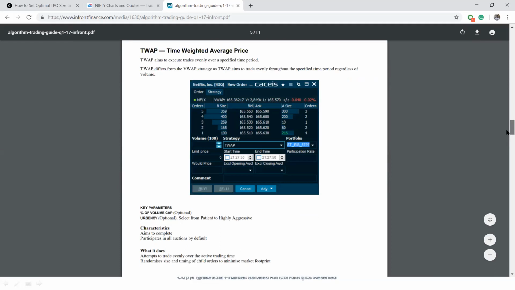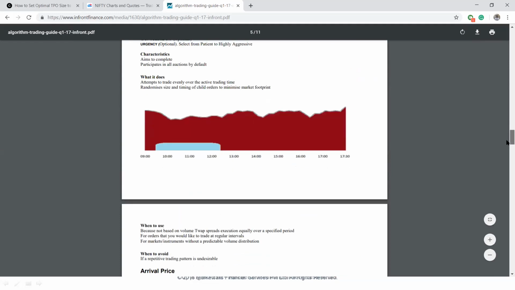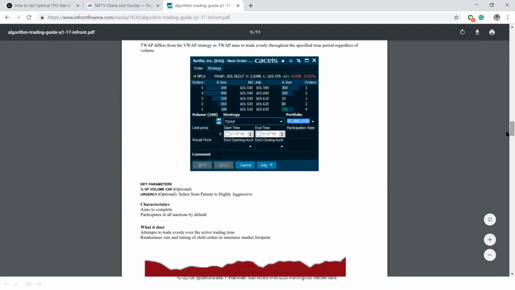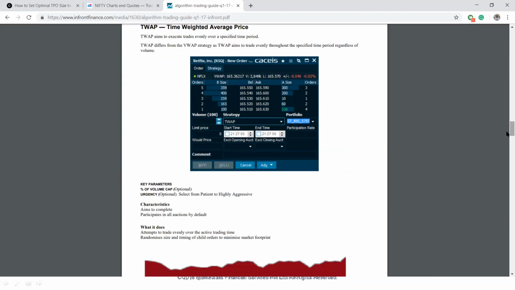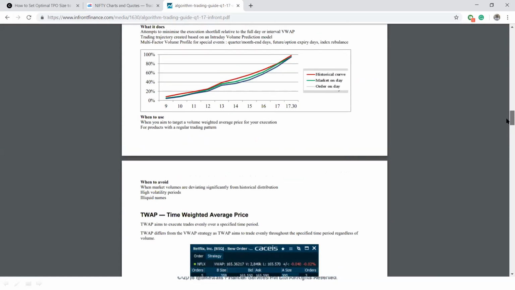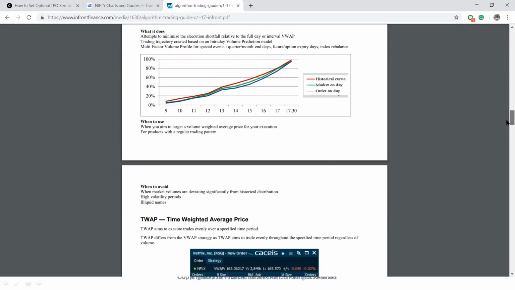These algorithms are used to get a better fill so that the institutions' transaction cost will not increase. TWAP and VWAP are institutional tools to check whether they are getting a better price.